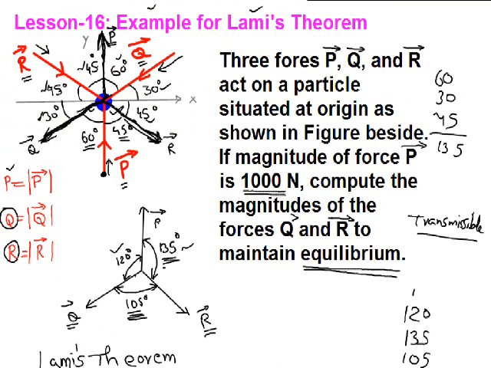One key point you need to remember is that the forces need to be away from the particle in question, as shown here. That is, all the tails of the forces meet at one point, and then measure the angles and then use Lami's theorem. We'll try to see a few more examples and other topics in subsequent lessons.